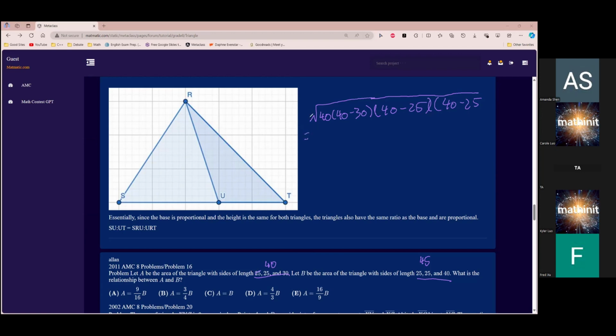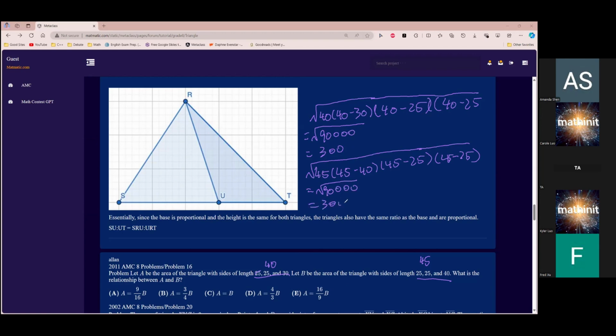I'm not gonna go through all the calculation, but essentially you're just gonna get the square root of 90,000, which is equal to 300. Same thing for the second triangle: you're gonna get 45, 45 minus 40, 45 minus 25, and 45 minus 25, and you'll also get the square root of 90,000.